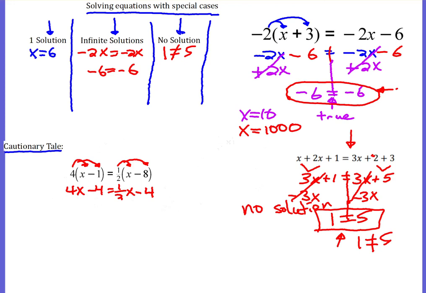Let's just get the x's on one side. So subtract 1/2 x from both sides. That cancels out, and I just get negative 4 on the right-hand side. On the left-hand side, I've got 4x minus 1/2 x. I could just think of that as 3.5x.